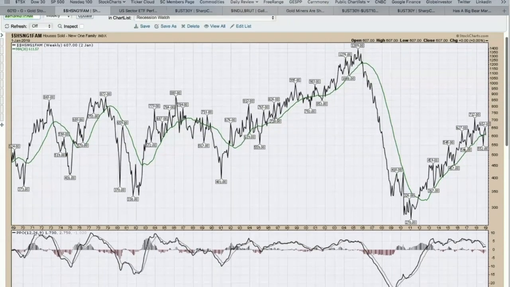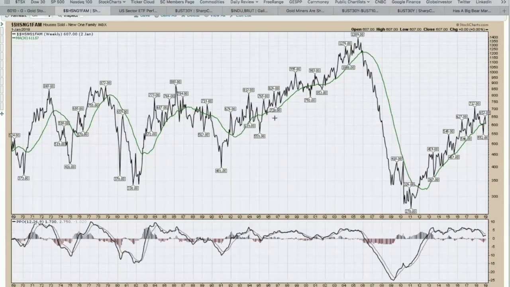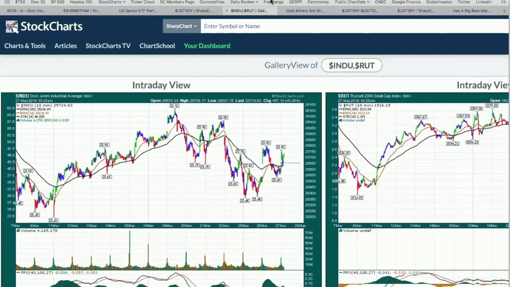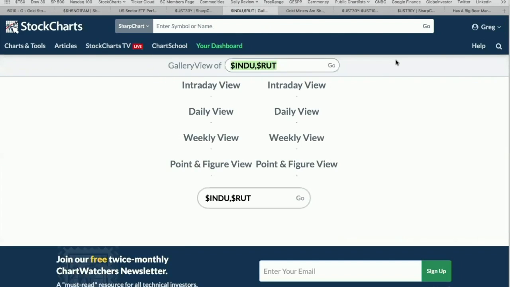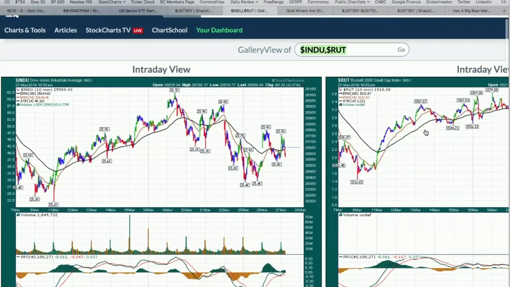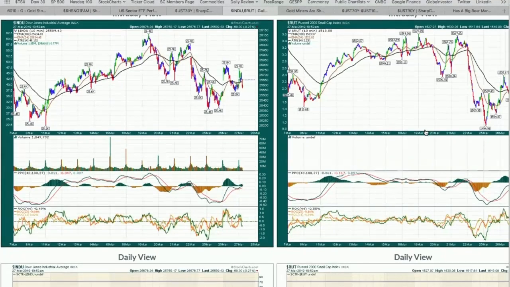So when asked, what's my positioning? Well, I am definitely getting more bearish as this market struggles to try and make a new rally. And the one thing that I would say is just, be aware of what's going on in the overall markets.